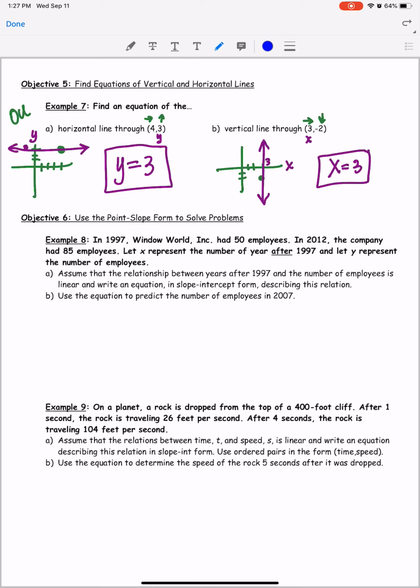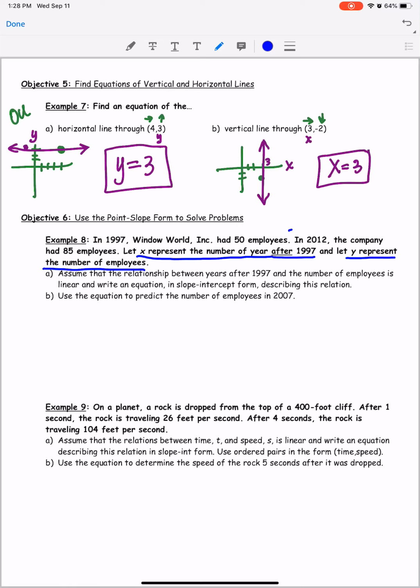Okay. Because we are letting Y represent the number of employees, and X represent the number of years after 1997, we need to make some ordered pairs. So in this first one here, we got 1997 and 50.